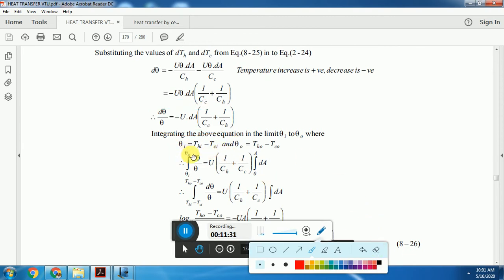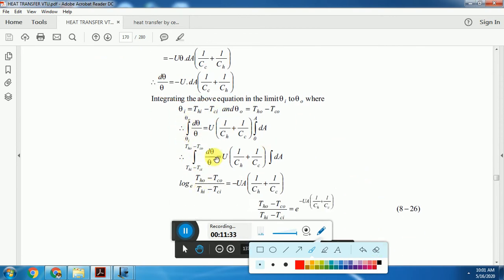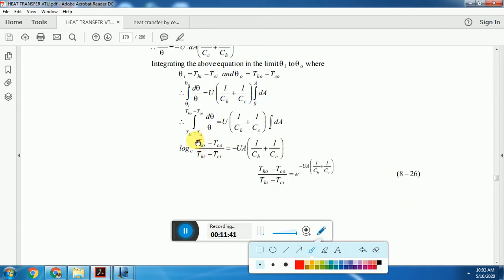I will get integration from theta 1 to theta 2 of 1 by theta is equal to ln of theta to the limits Thi minus Th naught. Therefore this will be ln of (Th naught minus Tc naught) divided by (Thi minus Tci) is equal to minus UA into (1 by Ch plus 1 by Cc).